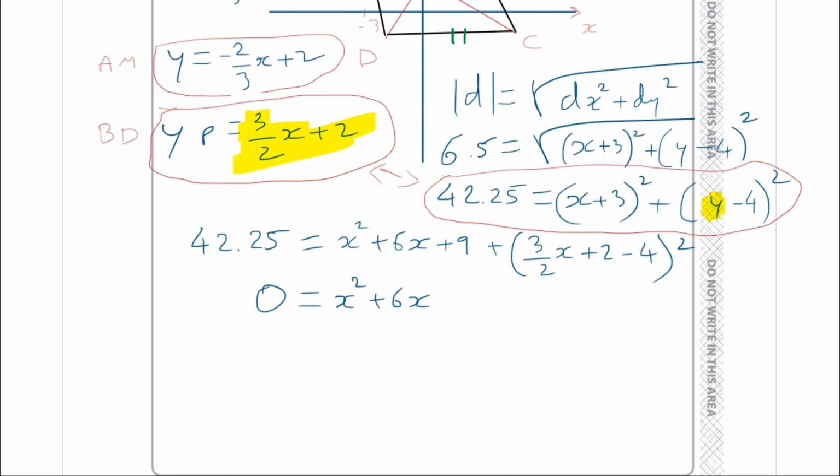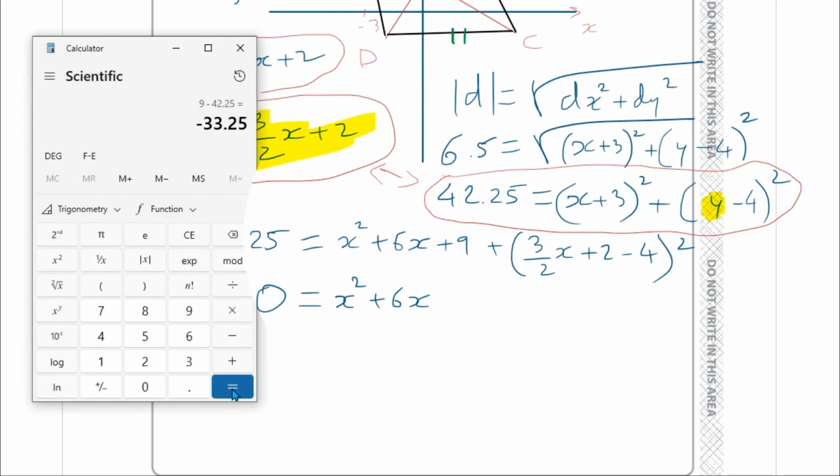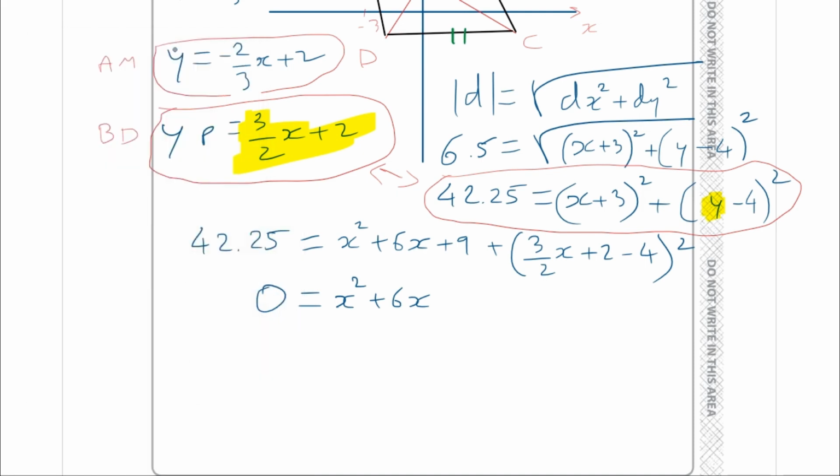What is 9 minus 42.25? So 9 minus 42.25 is negative 33.25. And then squaring this bracket, we can do this in the next step where we have 3 over 2x plus 2 minus 4 squared. So focusing on squaring the bracket, we can say 0 equals x squared plus 6x minus 33.25.